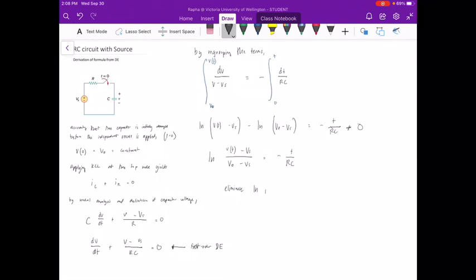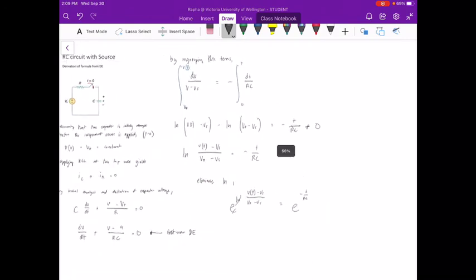We have to use e to the power of ln on both sides: ln of (Vt minus Vs) over (Vo minus Vs) is equal to negative t over RC. So that eliminates our ln on the left side of the equation.